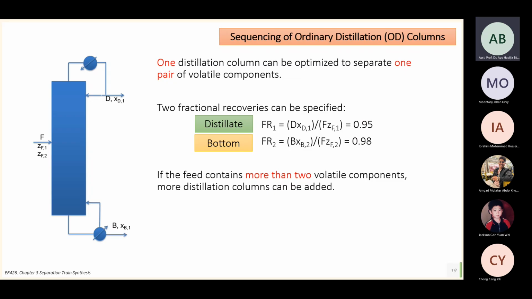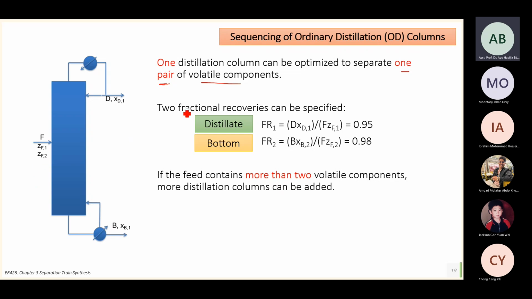Now, I introduce a bit on the sequencing of ordinary distillation columns. Ordinary here means you don't add any MSA, no additional mass. One distillation column can be optimized to separate one pair of volatile components.